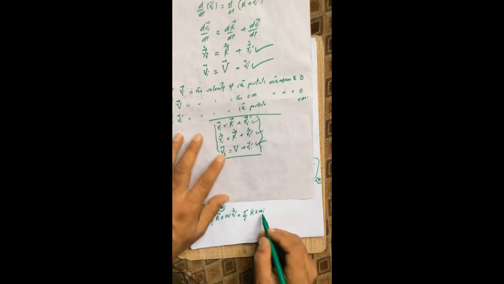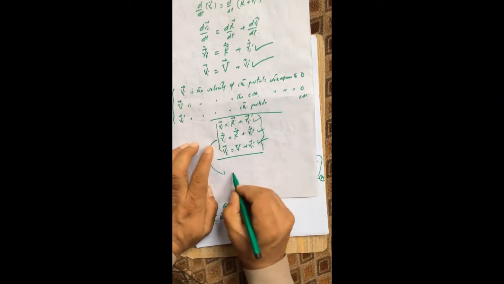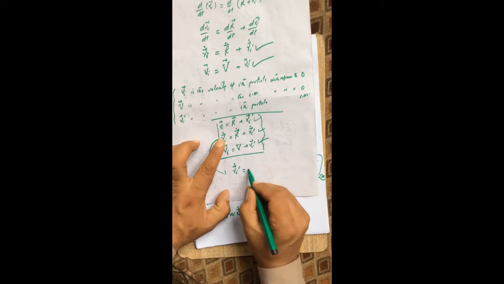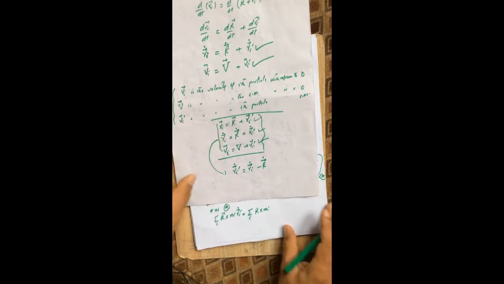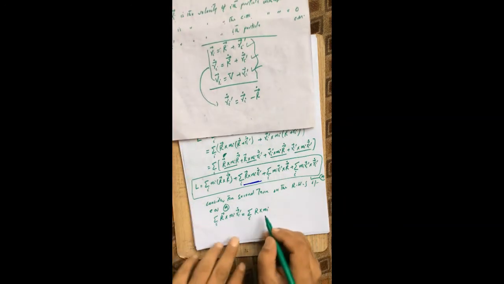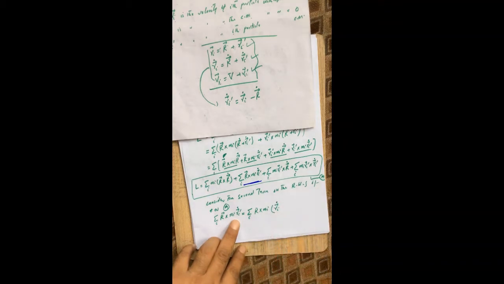From this equation, if I calculate the value of Ri prime dot, then this will be equal to Ri dot minus R dot. So instead of Ri prime dot, I will put Ri dot, no sorry, yes, this is Ri dot minus R dot. Am I right?